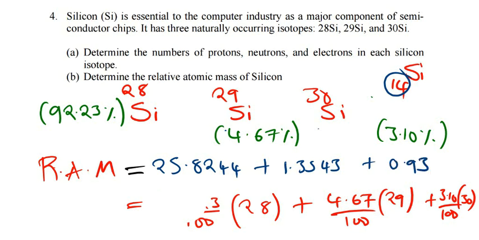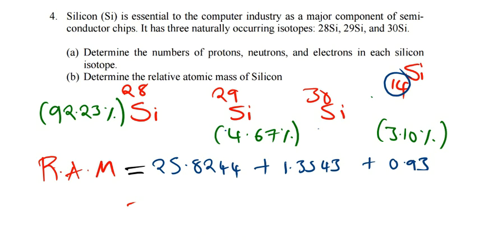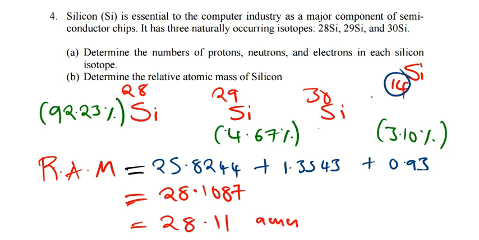Okay, so if you add these values, what are you ending up with? Getting 28.1087, which I can just round off to 28.11 atomic mass unit. So basically this is the relative atomic mass of silicon based off the abundances given and their mass numbers.